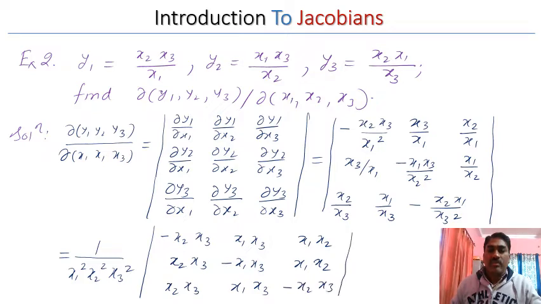So now it is easier, and you can take common x2 x3 from the first column, x1 x3 from the second column, x1 x2 from the third column. So these can be taken common.